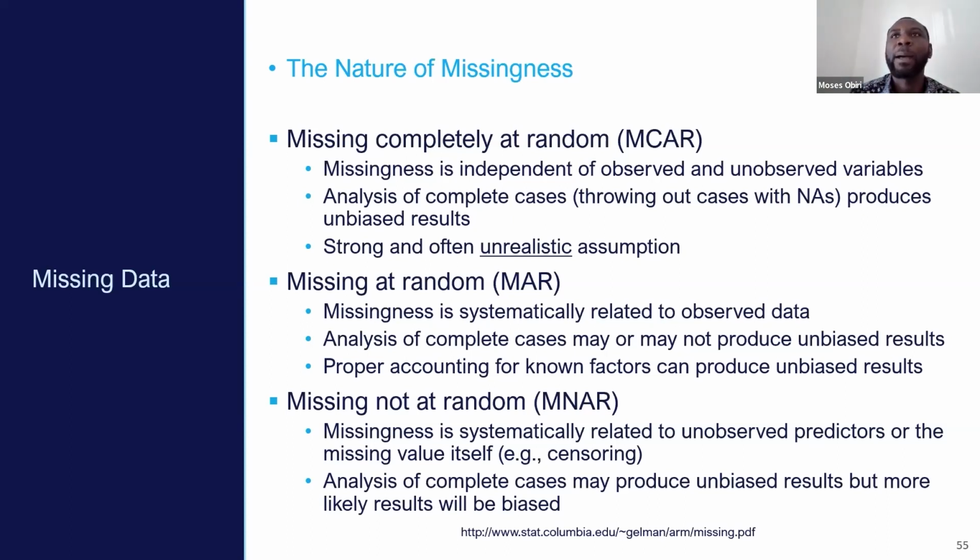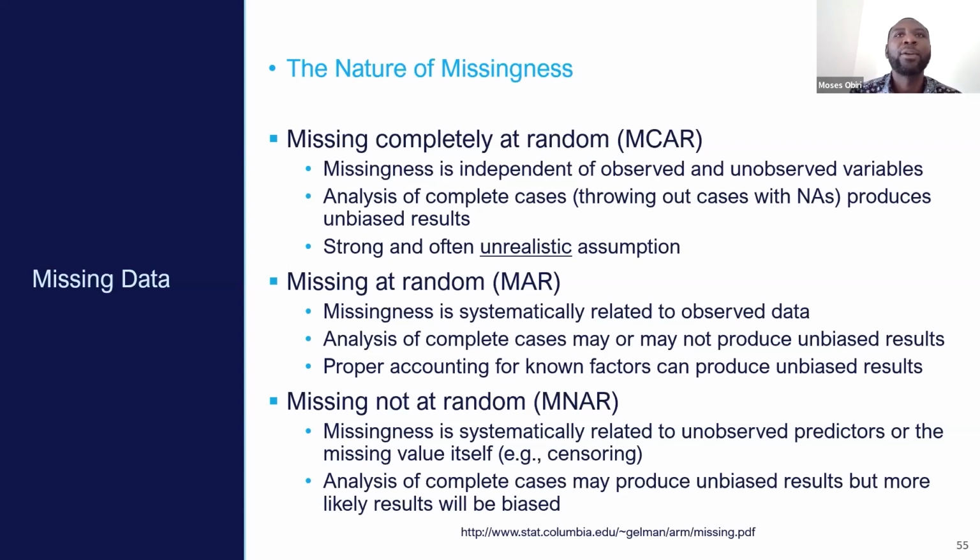I think you heard a lot about power in the previous presentation. So you get less power, which means that even though your estimates will be unbiased, they will be sort of less precise. The second form of missingness is when it is missing at random.